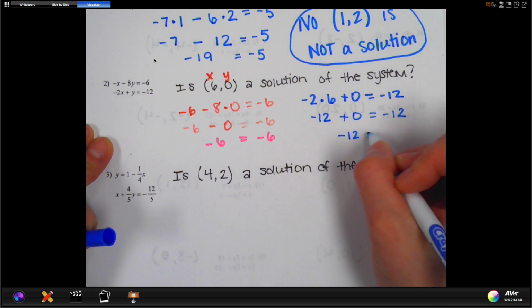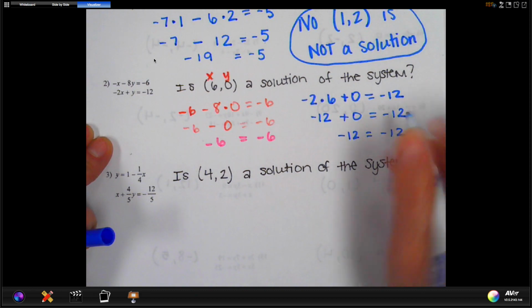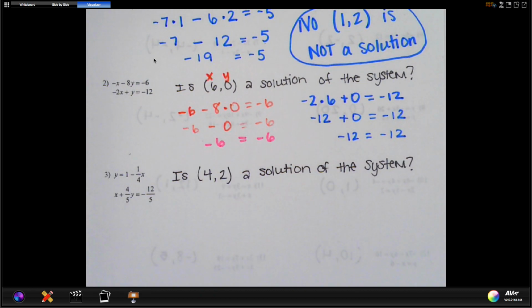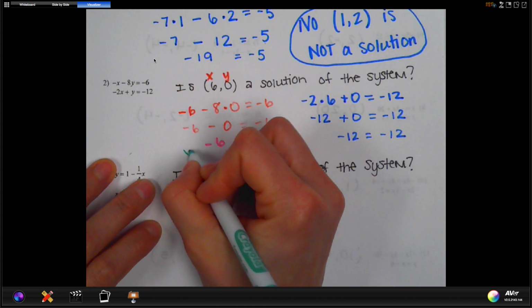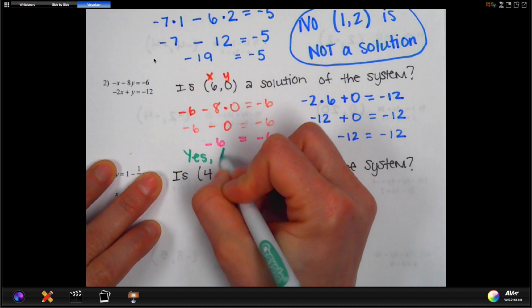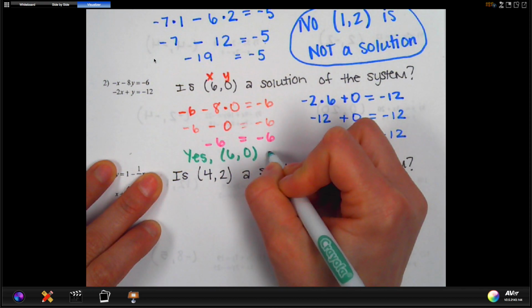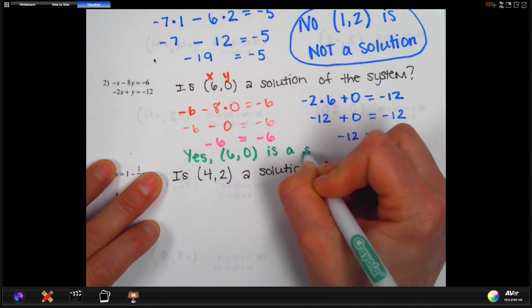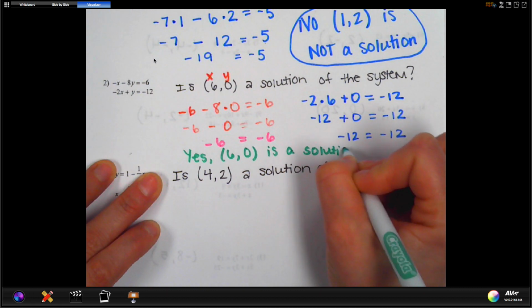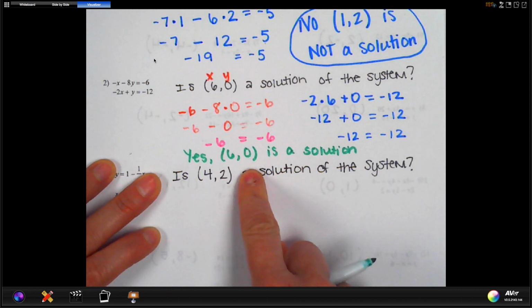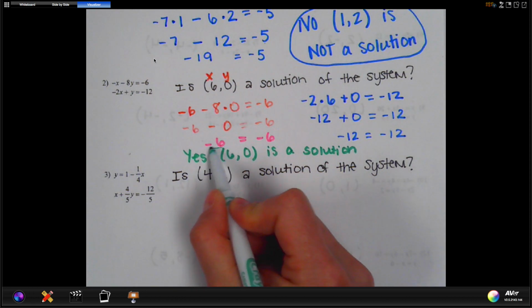We end up with negative 12 equals negative 12. So both of the equations for the system work for that ordered pair. So this time our answer is yes. (6, 0) is a solution to the system. So these two lines do in fact cross at (6, 0) on the graph.